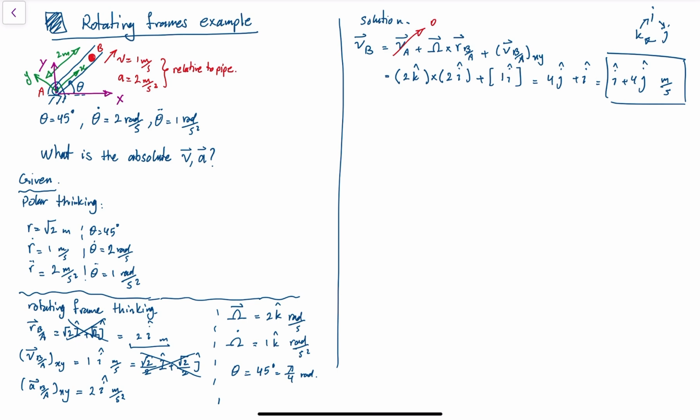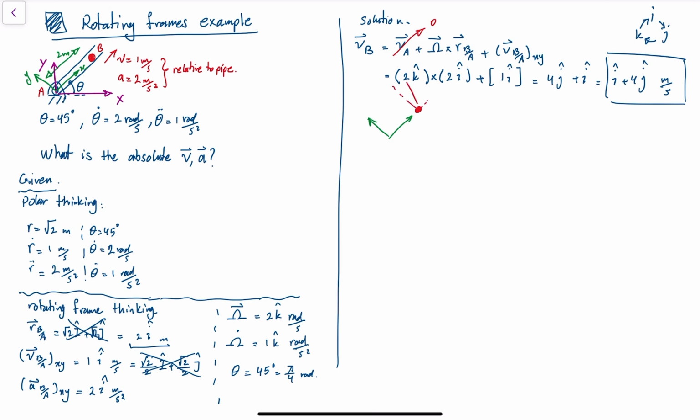If I want to draw it again, this is little xy, and when I am here, this is the ball. The velocity is 1i and 4j.